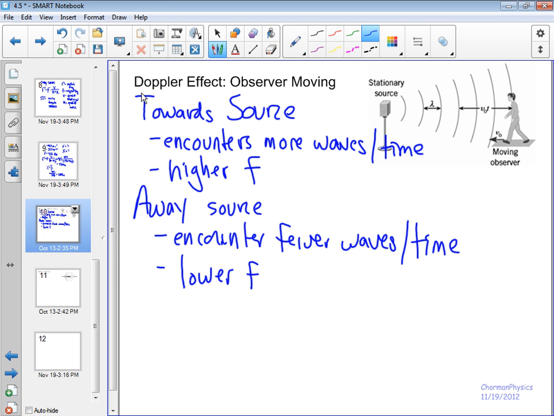But with the moving observer, the wave speed relative to the observer is not the same as that in the medium. Your wave speed effectively changes, and so that's a different effect. It's not the same.